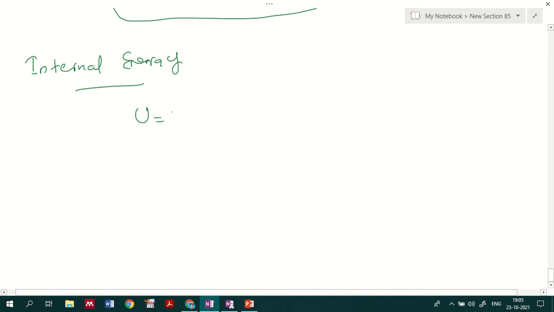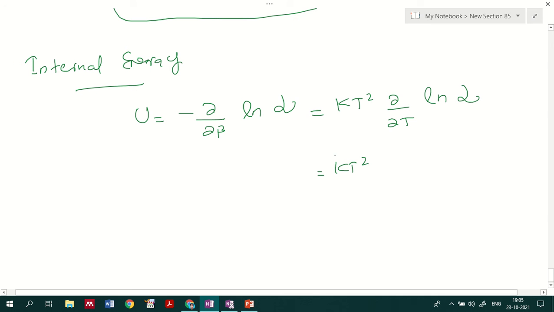Internal energy is minus ∂ by ∂β of ln of the grand partition function, which equals kT square ∂ by ∂T of ln Γ, where β is 1 by kT, which equals kT square ∂ by ∂T of PV by kT.